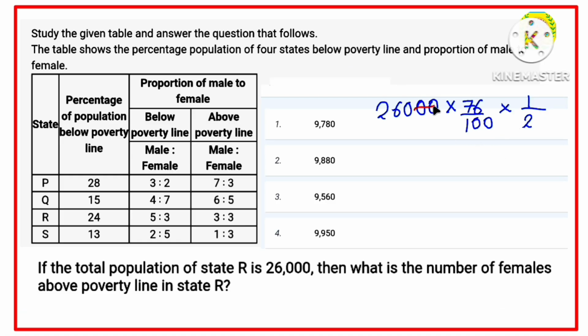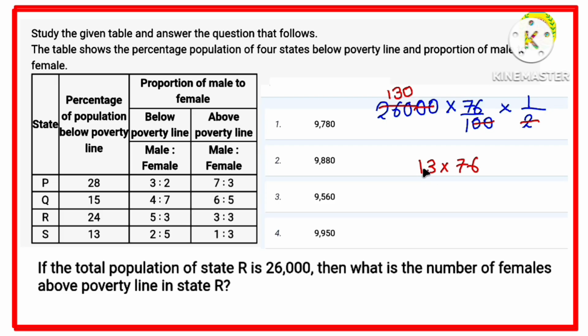You can cancel out these two zeros over here. 2 into 130, you will get here 260. Now let us calculate 13 into 76 first, then we will add a 0 over here. So 13 into 76, how are you going to calculate? You just consider this as 70 plus 6. So 13 into 7 is 91, so 13 into 70 will be 910.